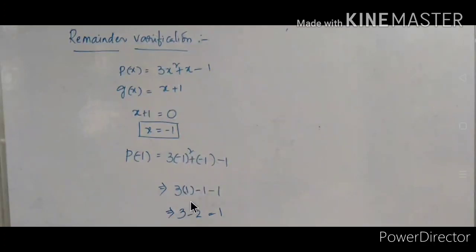So 3 ones are 3, minus 1 that is equal to minus 2. 3 minus 2 result is 1. So in the remainder verification, the result is also the same as the long division method.